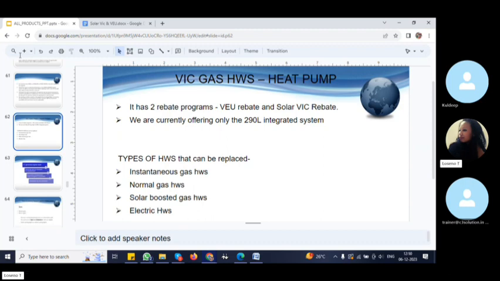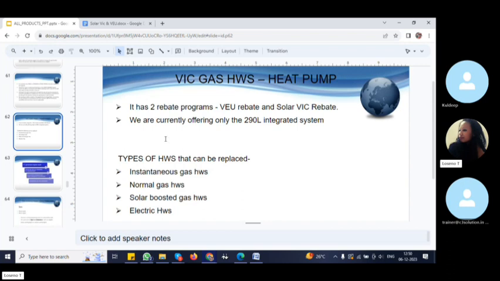And what type of old hot water system can we replace? It could be gas, or it could be electric. We can replace all these systems.